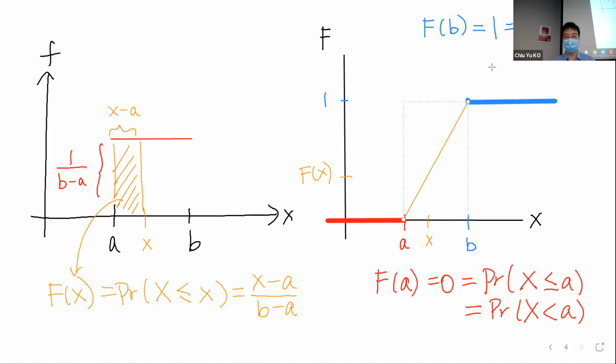Actually, you do integration, you get this function. You do differentiation, you go back to this one. But we're not doing anything complicated. You just do simple high school, or actually primary school math here. So don't worry if you don't know, because we're not asking you to reproduce that.